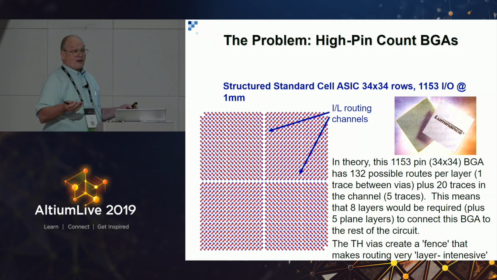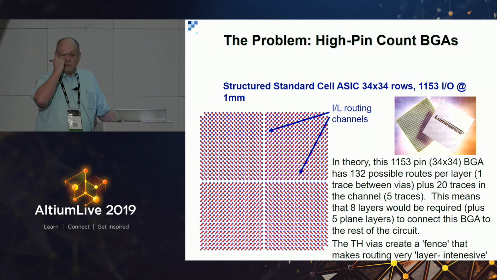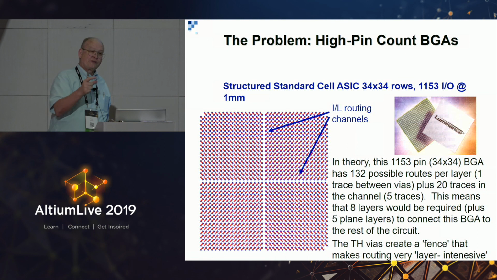So one of the concepts is looking at channels. Channels is a concept where the semiconductor manufacturer orients his power and ground pins in some kind of geometric fashion. They don't tell you what it is, but if you look at the pinout where you're doing the library, you can see a pattern.